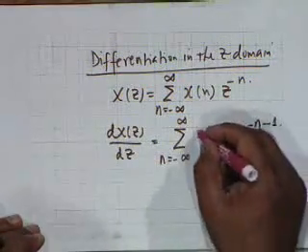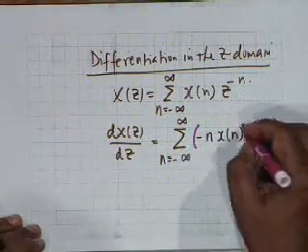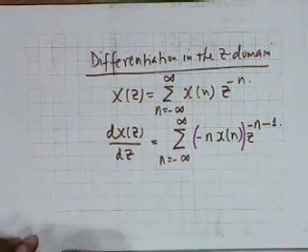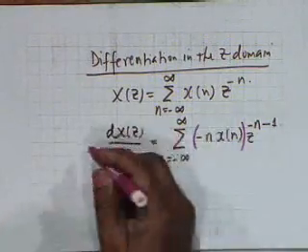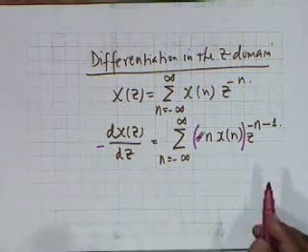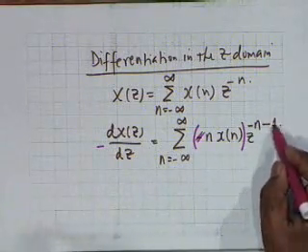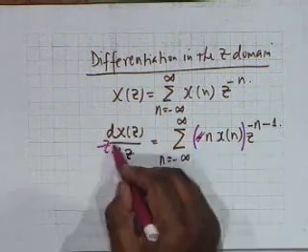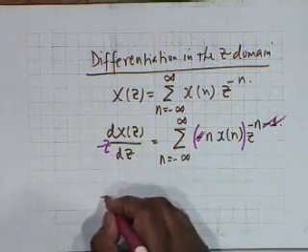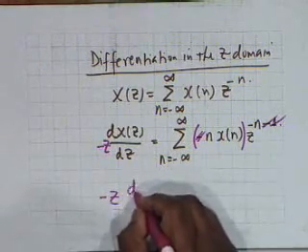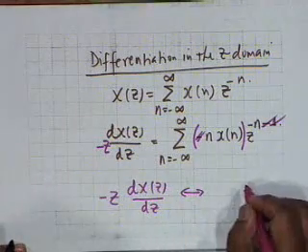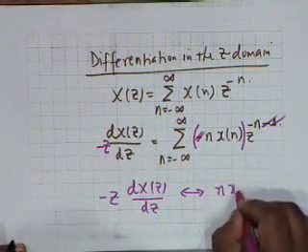And therefore, we can consider this to be the Z transform of minus n x of n. Well, instead of keeping a minus here, why don't you bring the minus here? Then this goes away, and we multiply by a z to take care of z to the minus 1 here. That is, we multiply by a z, then this minus 1 disappears. And therefore, the relationship that we have is minus z dX(z)/dz is the Z transform of the sequence n x of n.